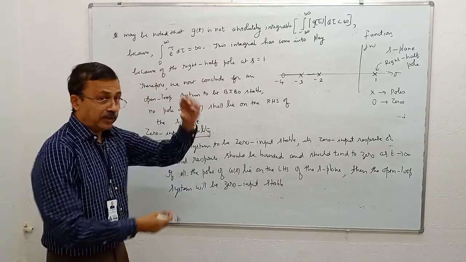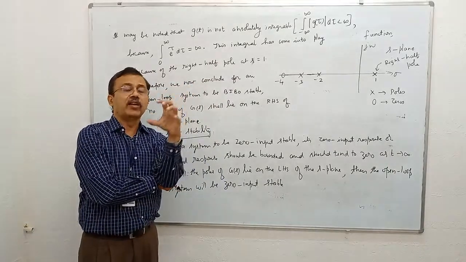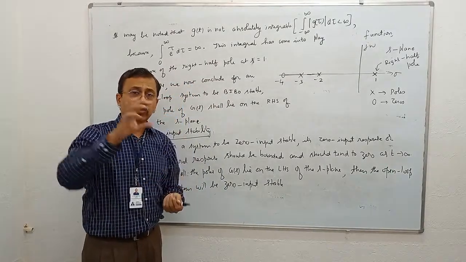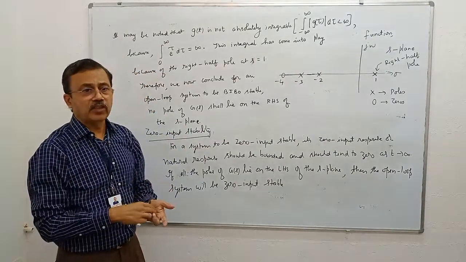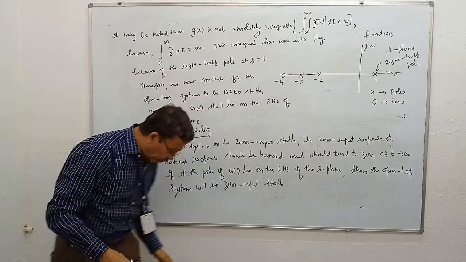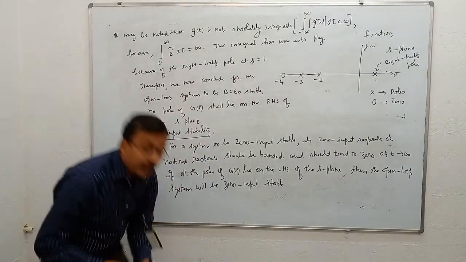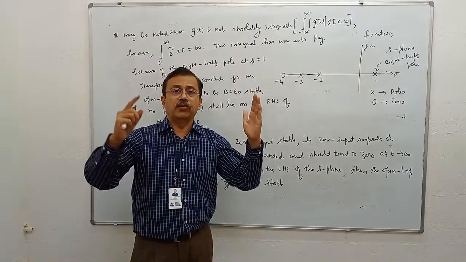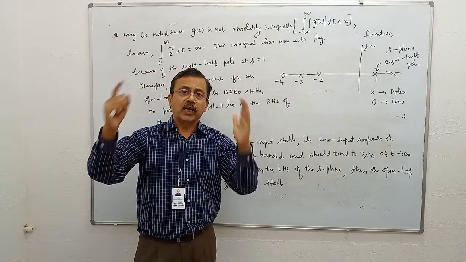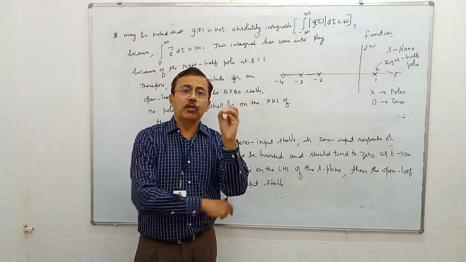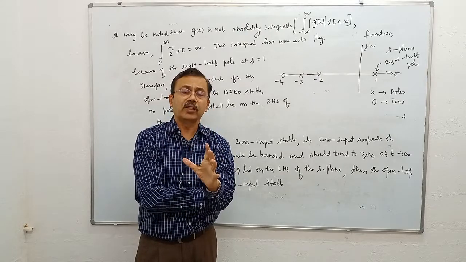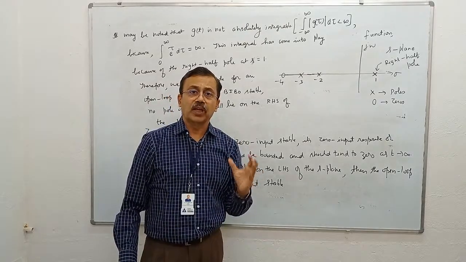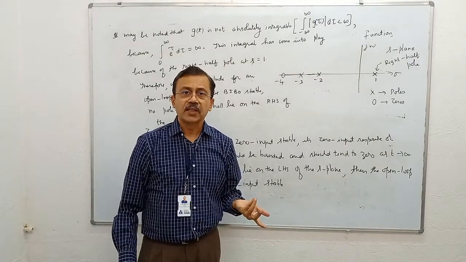That means when the system is subjected to initial conditions, the output of the system should be bounded and should tend to zero as t tends to infinity. I told earlier, initial conditions will give rise to an output. That output is called zero input response. Even that response should be bounded and should tend to zero as t tends to infinity.